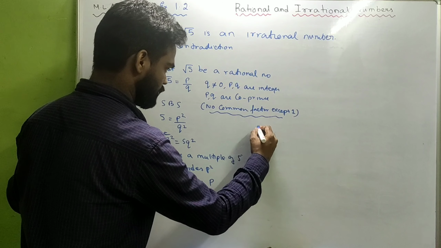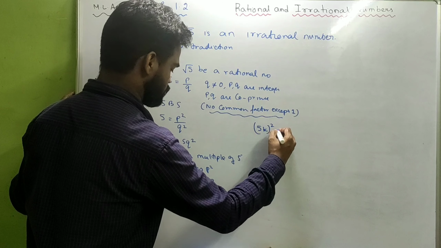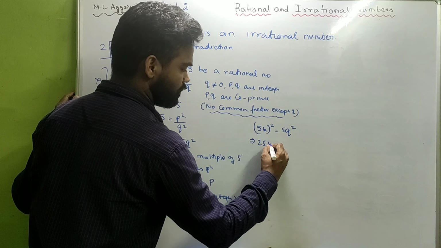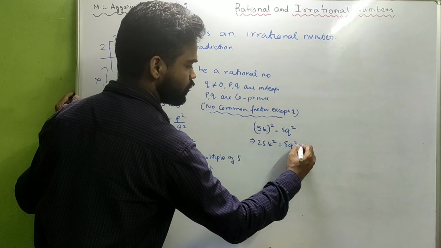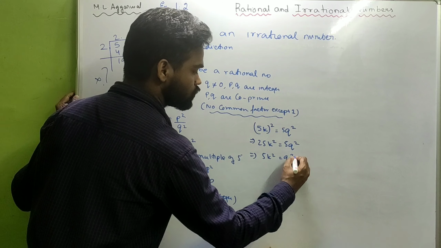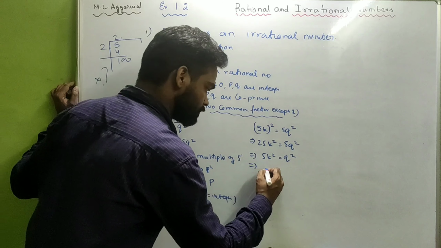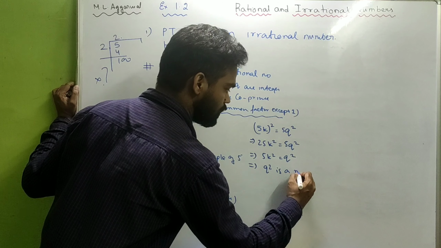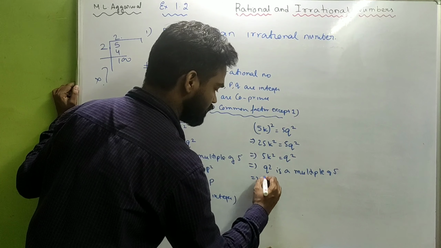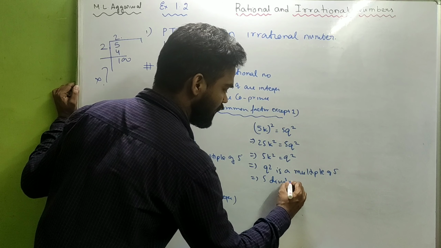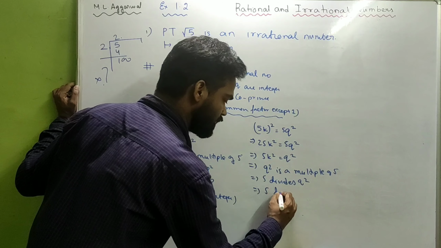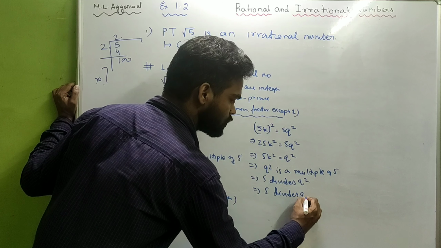Look over here. 5k whole square is equal to 5q square, which means 25k square equals 5q square, which means 5k square equals q square, which means q square is a multiple of 5, which means 5 divides q square, which means again 5 is a prime number, so 5 divides q.